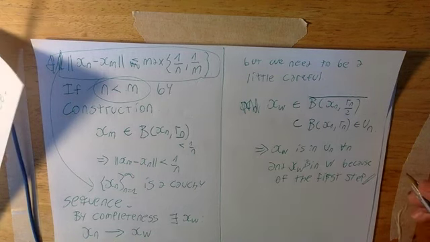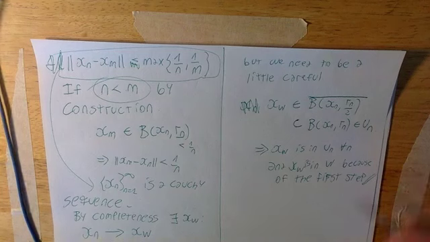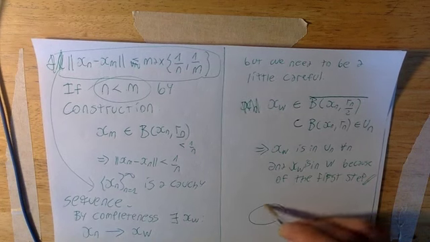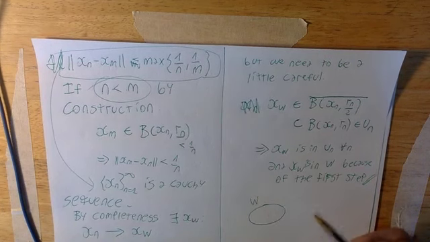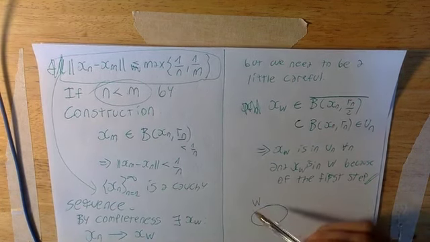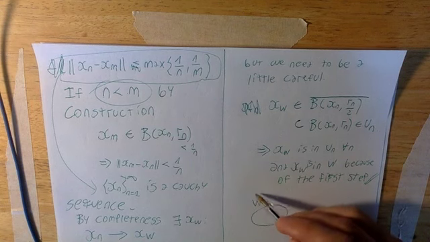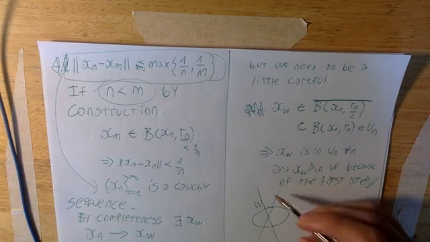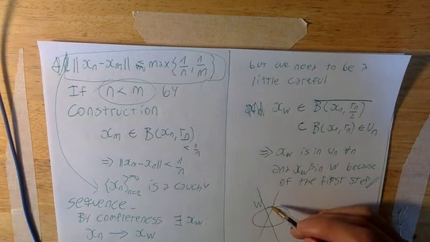I'm not sure I can do a good drawing of this, but let's say we have W here, and then we have an open U which is dense. So basically you have U1, which is everything outside of here.